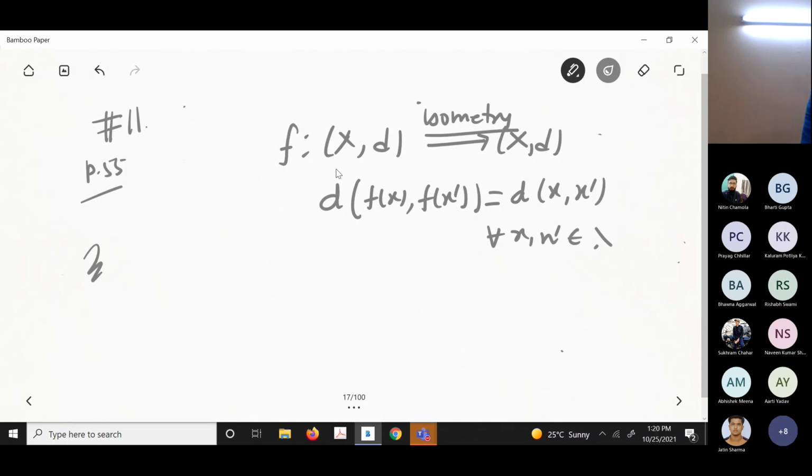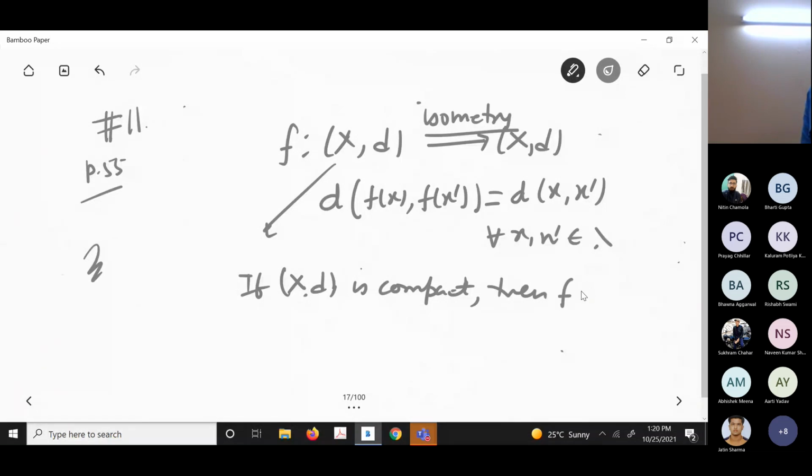Here I am saying if X is compact, then f has to be onto.